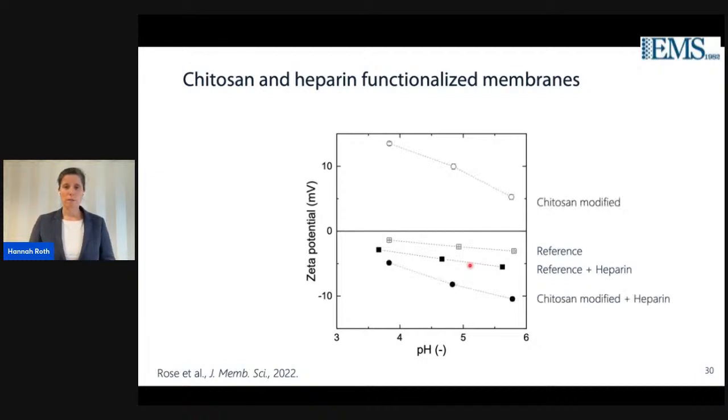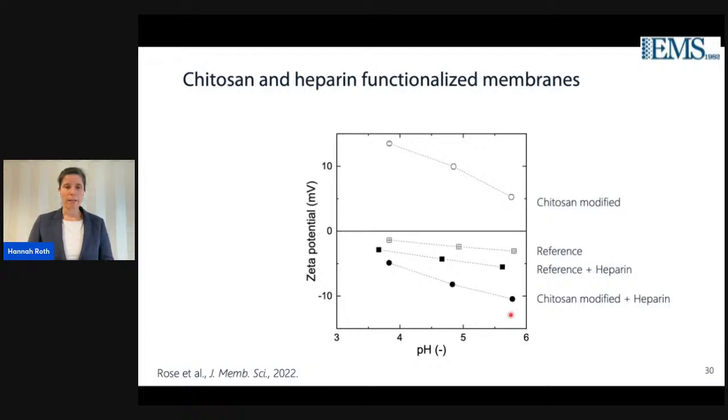In contrast, when we add chitosan to the polymer solution, we initially achieve a very positively charged membrane, which then, when brought into contact with the heparin, switches into a much more negative surface. This shows that much more of the heparin is immobilized on the surface that is later in contact with blood.